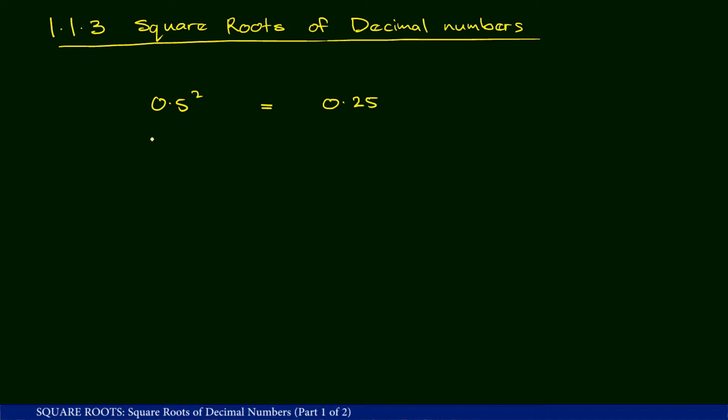0.25. The second number is going to be 0.13 squared, and this is equal to 0.0169.